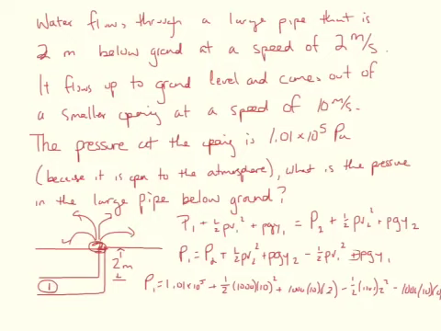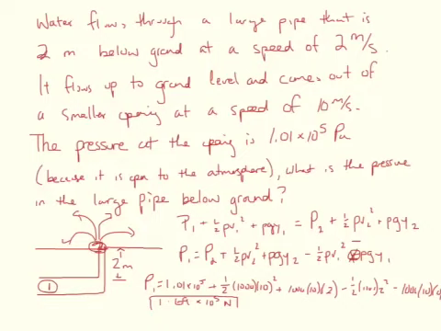And this right here should say minus, not plus. Alright, so plug all that in. So when we plug all that in, I get that P1 equals 1.69 times 10 to the 5th pascals. And so what we see is that the pressure down in the lower, slower moving water is greater, which is exactly what we would expect.